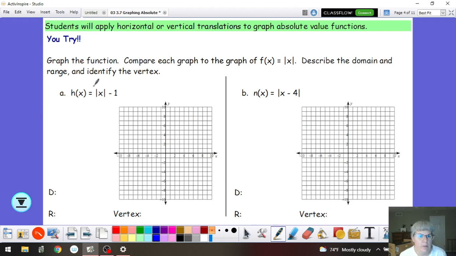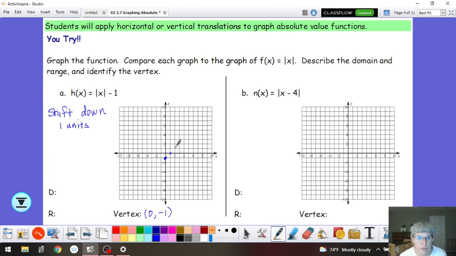On this function, h of x equals absolute value of x minus 1, that minus 1 is outside, so we're going to shift down 1 unit. That moves the vertex from 0, 0 down 1 unit to 0, negative 1.